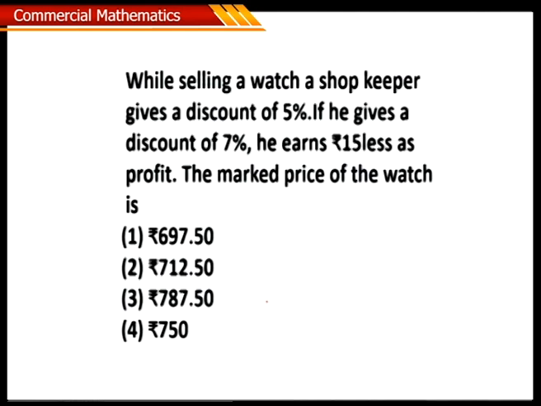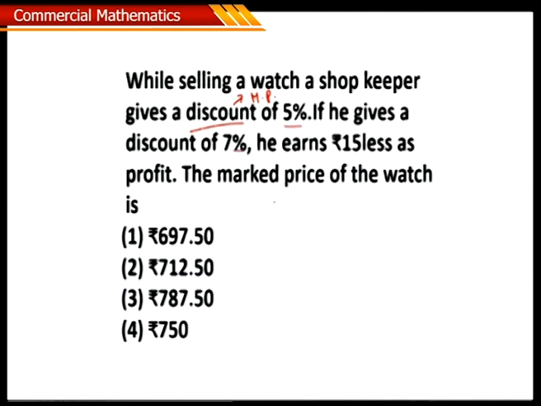Remember that whenever discount is considered, discount is always calculated on market price. That is the first point you have to remember. Now there are two things. He is giving a discount of 5% and a discount of 7%.